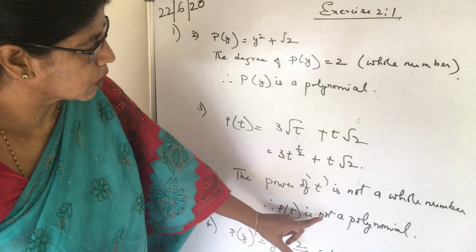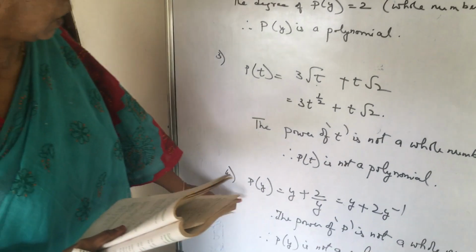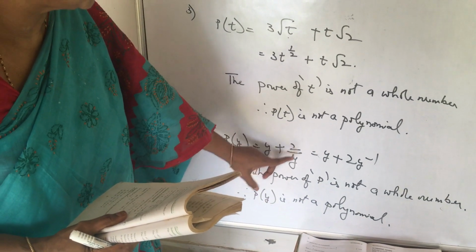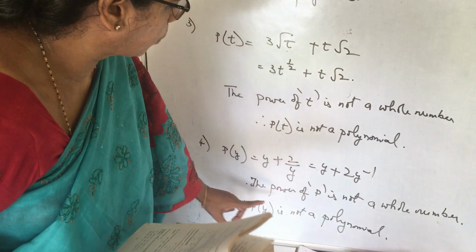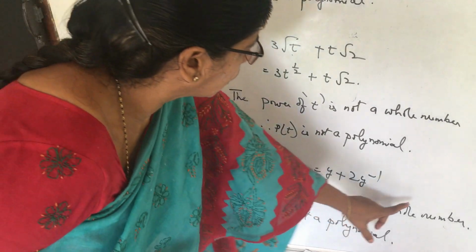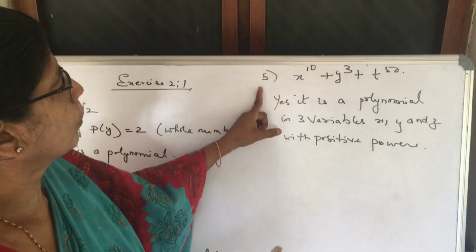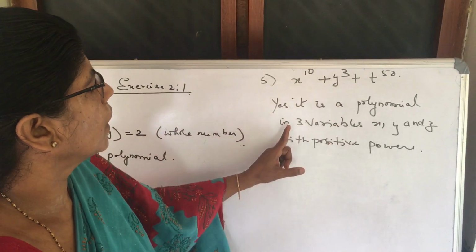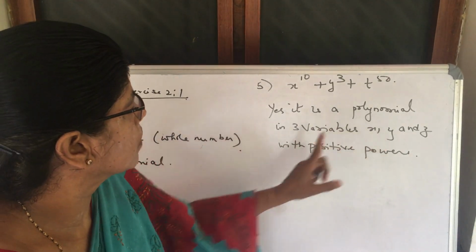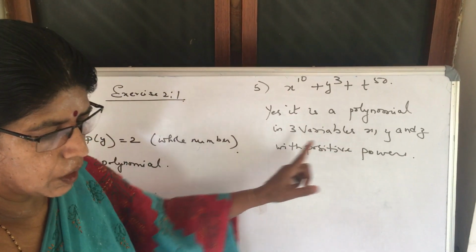Therefore, p of t is not a polynomial. Fourth one, y plus 2 by y, whole power minus 1. The power of y is not a whole number. P of y is not a polynomial. Fifth bit, it is a polynomial in 3 variables x, y and z with positive powers.